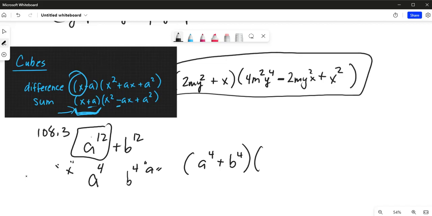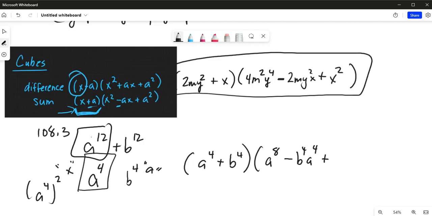And in the second set of parentheses, the first term is x squared. So it's going to be this squared, which is a to the 4th raised to the power of 2. In this case, you multiply the exponents, so this is going to be a to the 8th. And then minus the a term, which is b to the 4th, times the x term, which is a to the 4th.